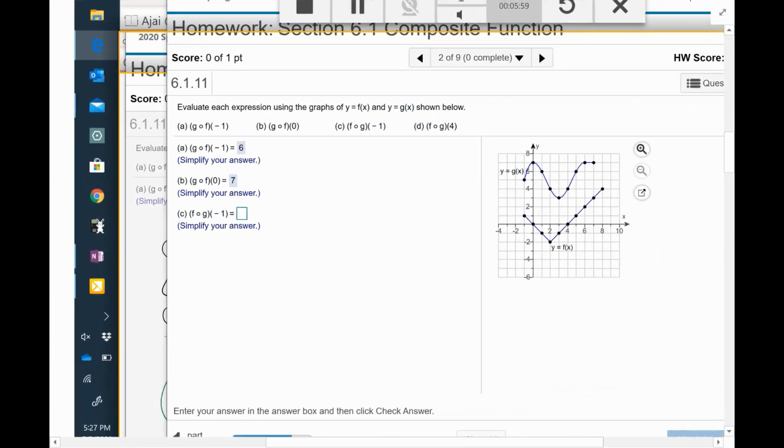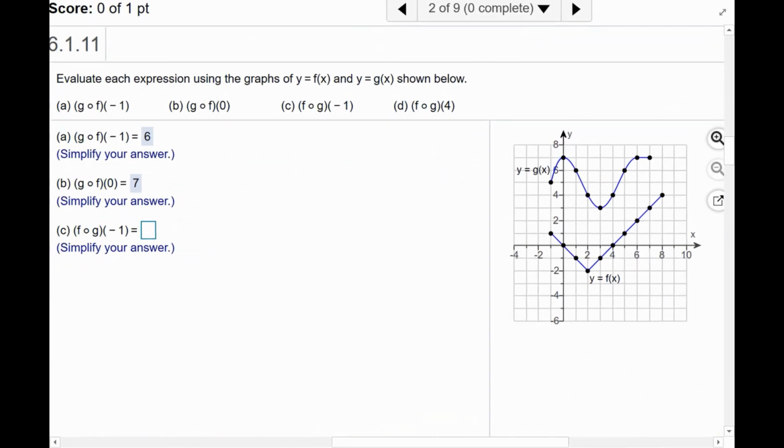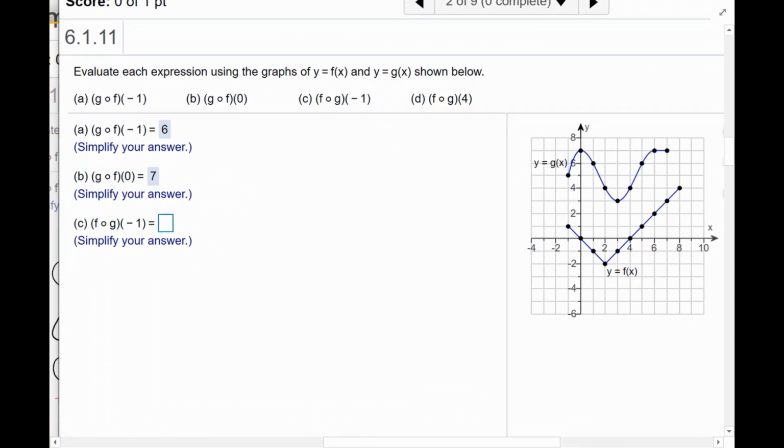So let me blow this up a little bit, and let me write this in my handwriting. When you write stuff in your own handwriting, I promise it makes it look better. So f of g of -1.